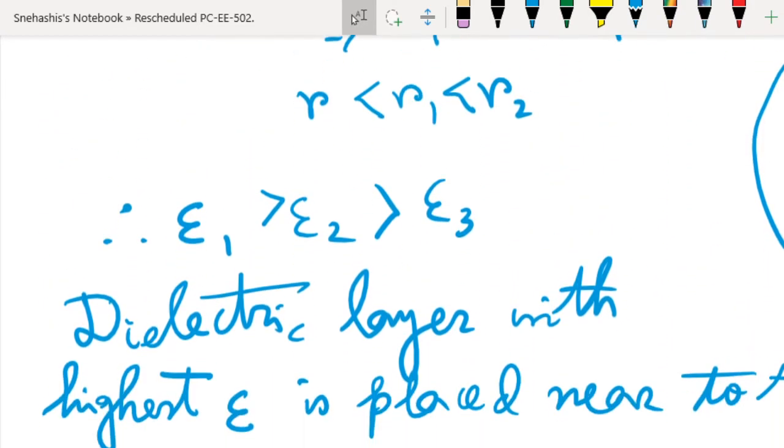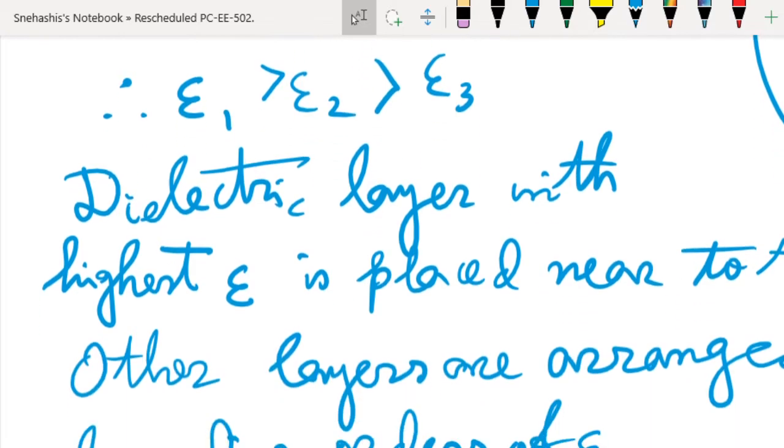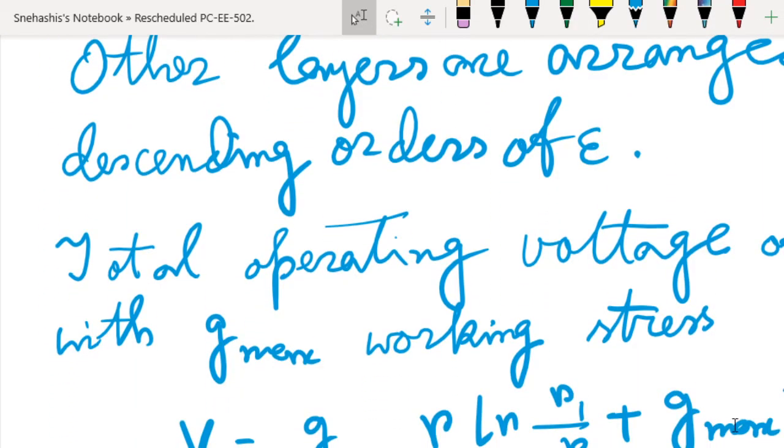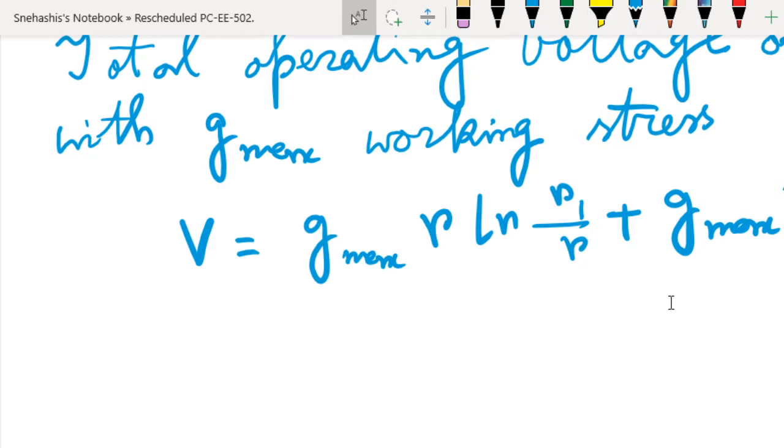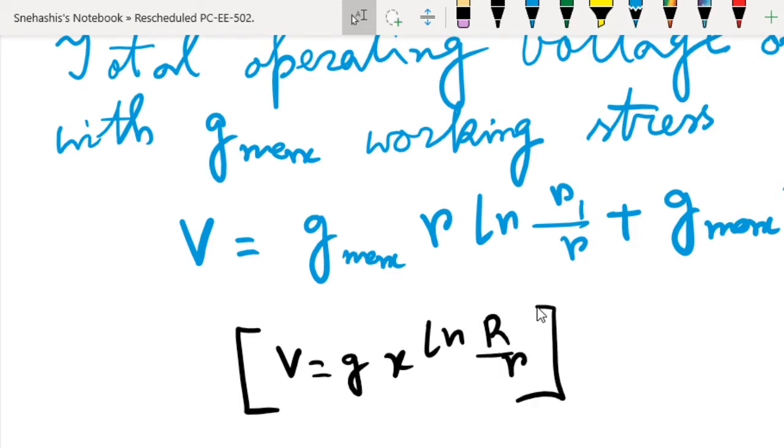Now for the first layer, in each and every case the stress G is same, so that is equal to G max. Now for first layer the distance is smaller, the higher distance is R1 and R dash is R, so for your benefit, simplicity of understanding, I am writing G X ln capital R by small r, that is the formula.